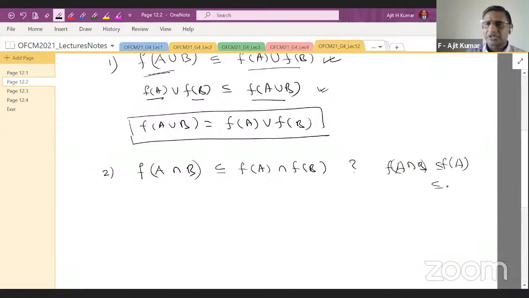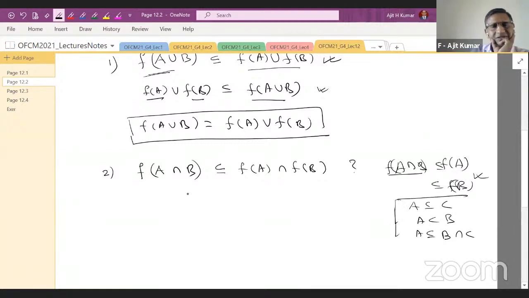Similarly, this is also a subset of f of B. Therefore, if A intersection B is a subset of A and it is also a subset of B, then f of A intersection B is a subset of f of A intersection f of B. What we are using here is, if you have a set A which is a subset of, let us say, C, and B is also a subset of C, then A is a subset of B intersection C. That's what we are using.